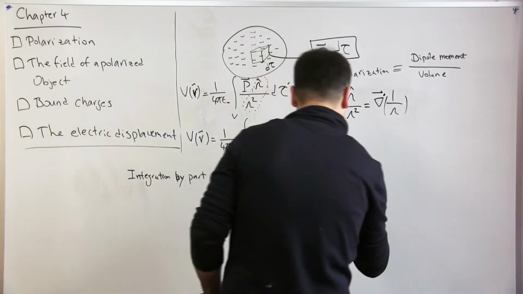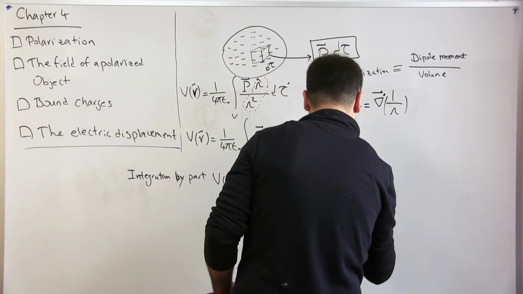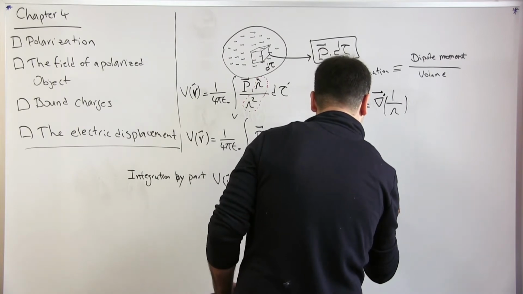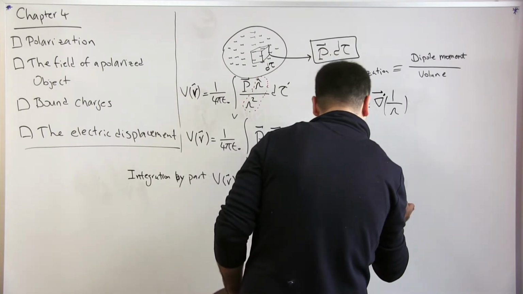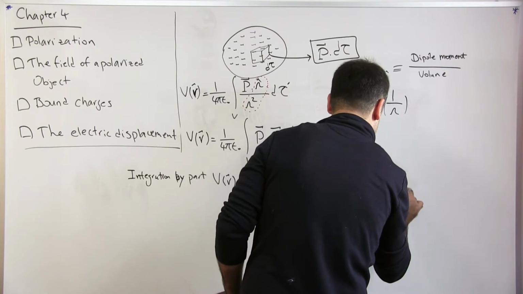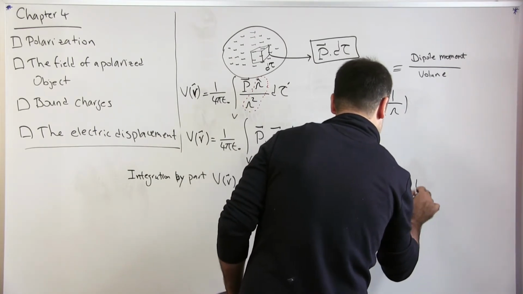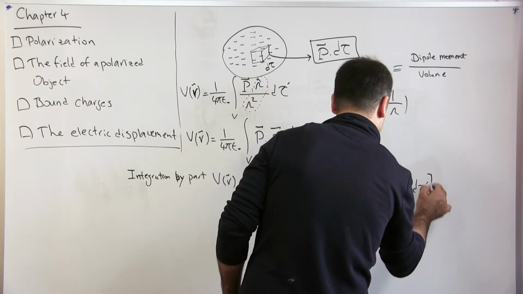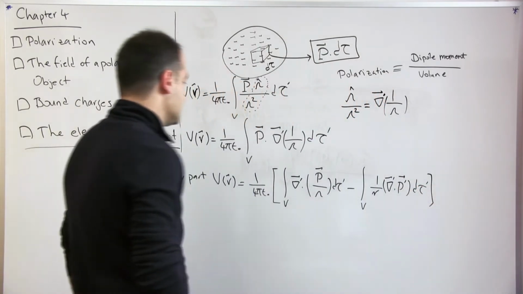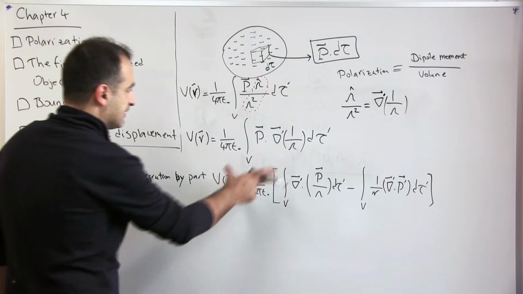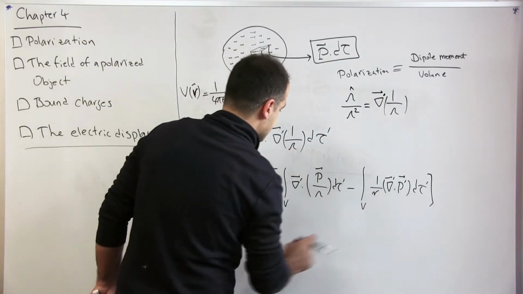The other one is the integral of 1 over R times the divergence of P, d tau prime. Okay, so using integration by parts, I made it into two integrals.